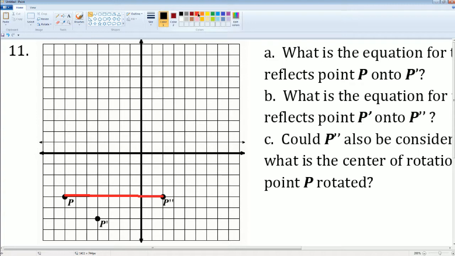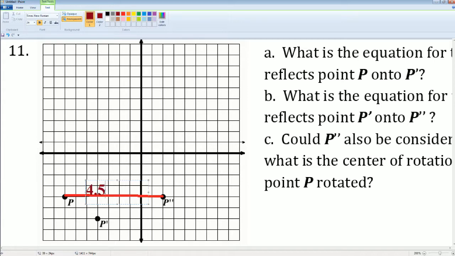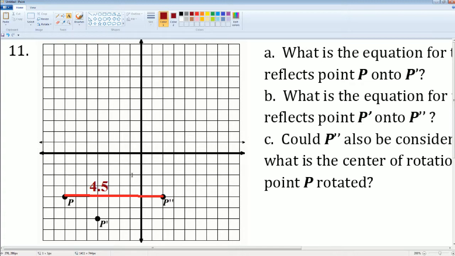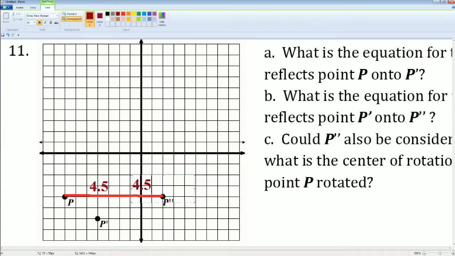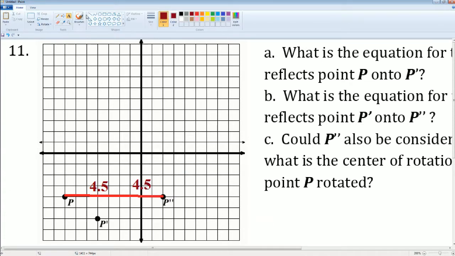So half of 9 would be 4.5, right? So we want a distance of 4.5, and on the other side we also want a distance of 4.5. So 1, 2, 3, 4, half right there. 1, 2, 3, 4 and a half.